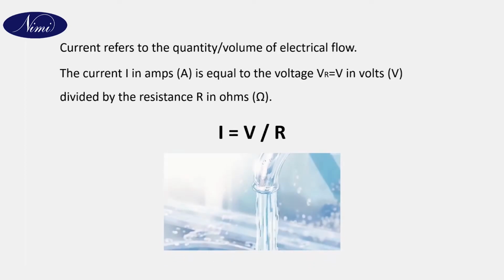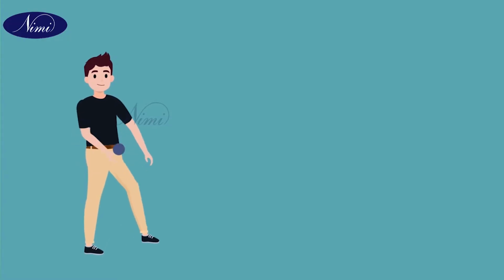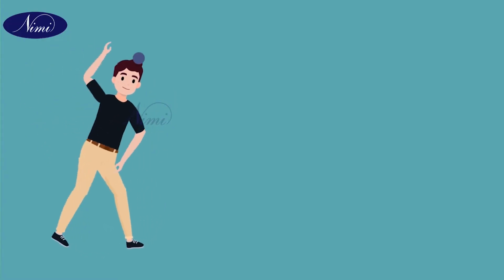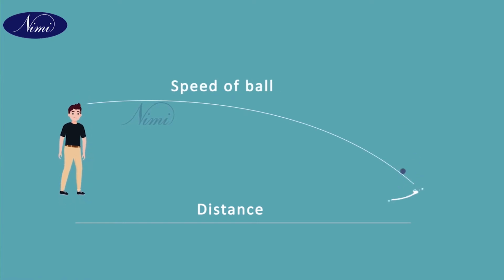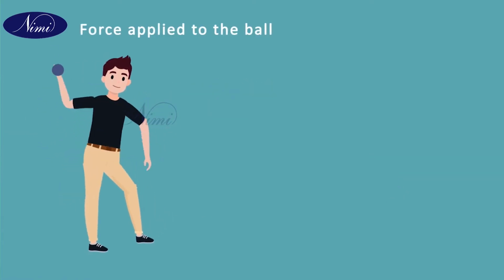Look at the water flowing out of the pipe here. The water is flowing at a constant rate continuously. So similar to the flowing water here, the current flows in the circuit with a certain pressure, that is voltage. Imagine a boy is throwing a ball. The distance and the speed of the ball depend upon the force applied to the ball.